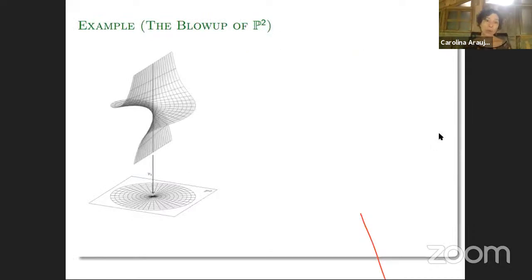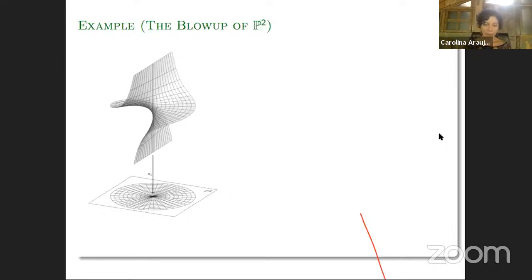For that, I will explain a very important construction in algebraic geometry, which is that of a blow-up. Let me define first the blow-up of P2, the complex projective plane, in a point.